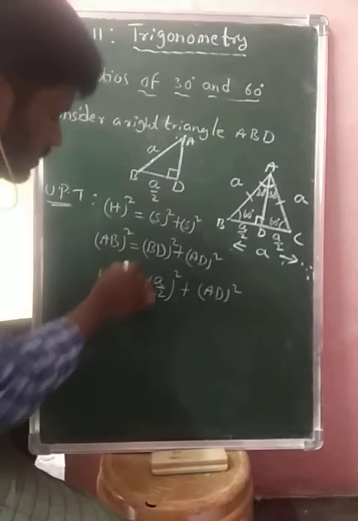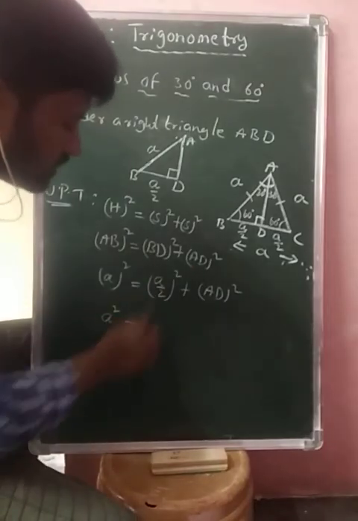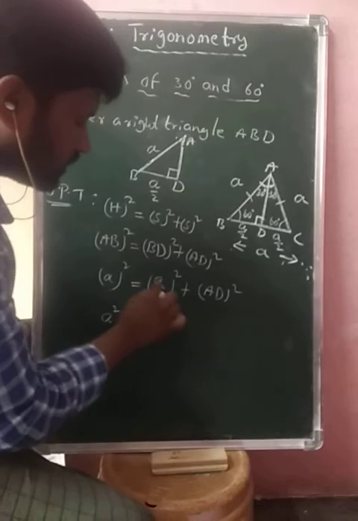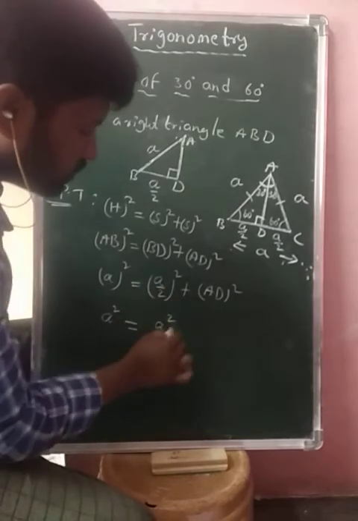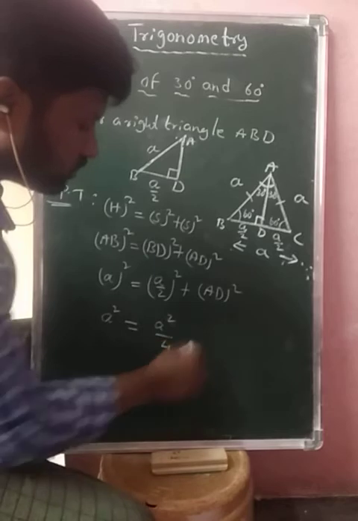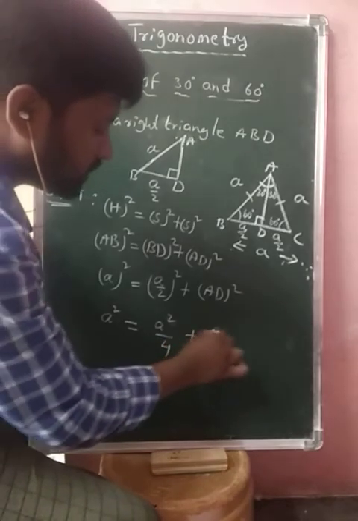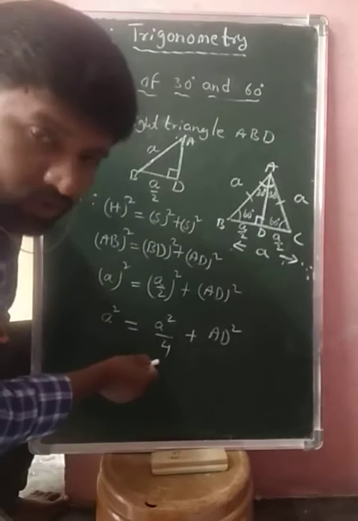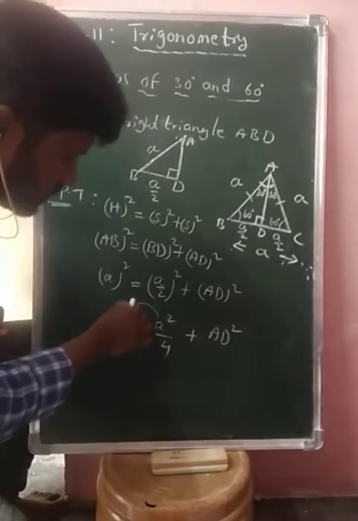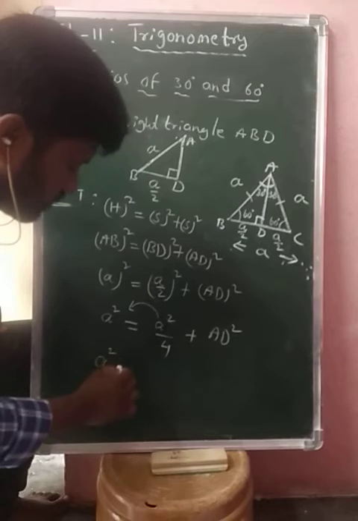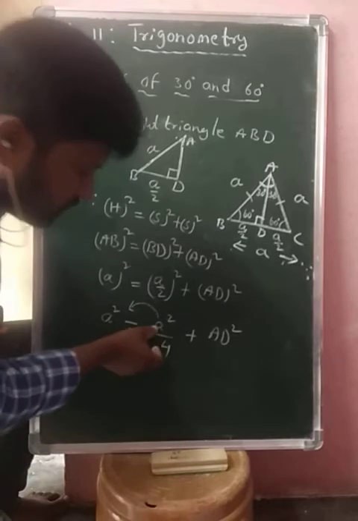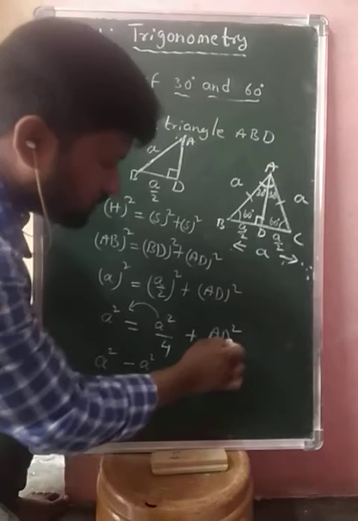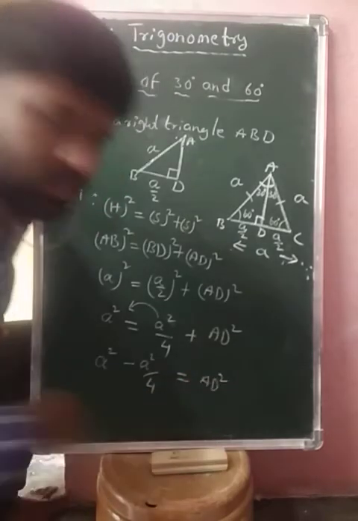A whole square is A square, minus A by 2 whole square, that is A square by 4, plus AD square. Now transposing A square by 4 from RHS to LHS, A square minus A square by 4 is equal to AD square.